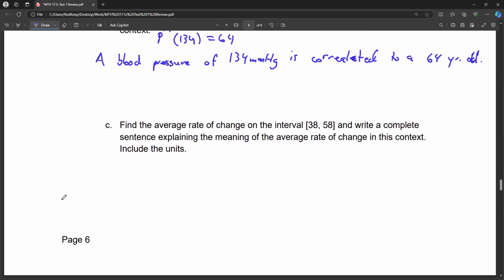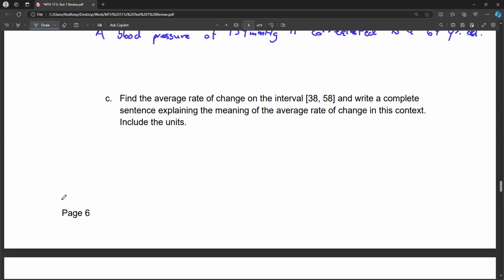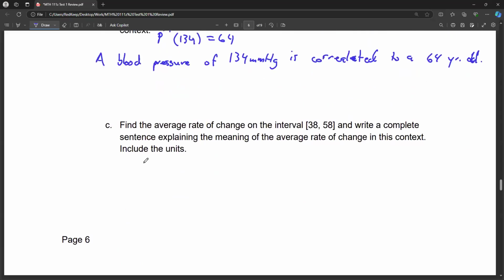Okay, so for part C, they want us to find the average rate of change on the interval 38 to 58, and then to connect it to the context of the situation by including a sentence. Okay, and so here, let's think about this. What we want to do is find the average rate of change. And so you might have an idea of this or a definition somewhere, right? So average rate of change, right?